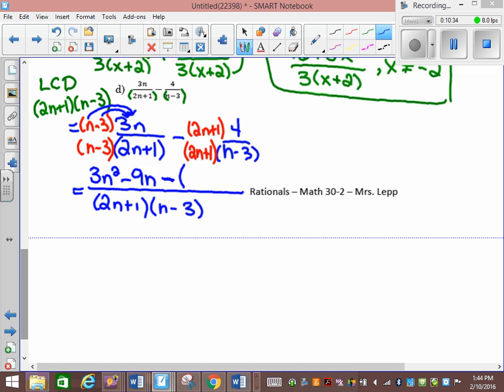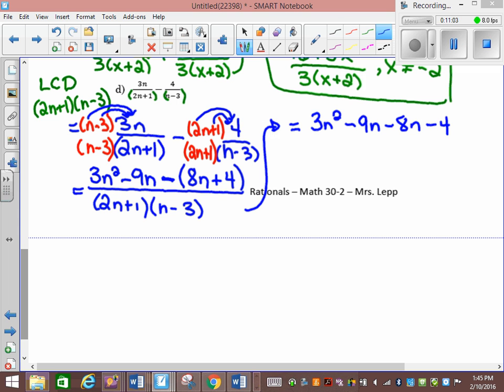So I write subtraction, and then I go 2n times 4 is 8n. 1 times 4 is plus 4. So if there's a subtraction sign in front, you need to subtract everything behind it, right? So then you're going to get 3n squared minus 9n minus 8n minus 4, because you actually subtract the 8n and the 4.